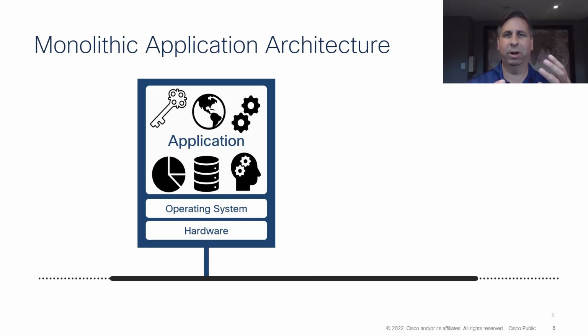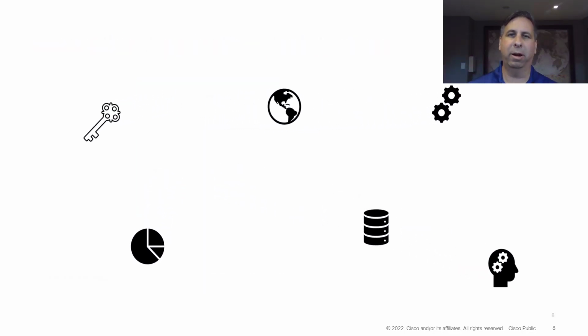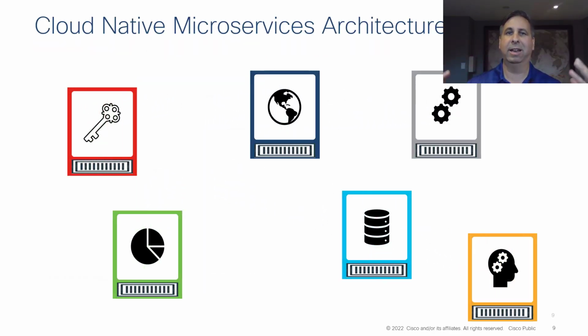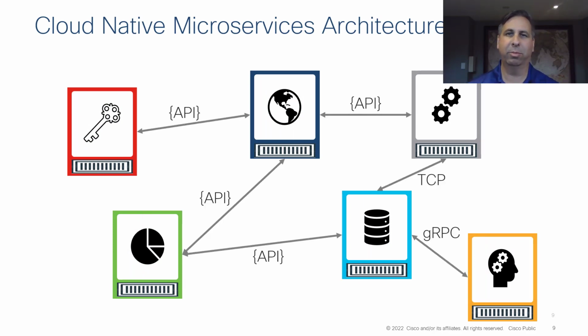For instance, instead of having what are now known as monolithic application architectures, where every component would reside within the application, you have these huge libraries and files, etc. Well, all of these could be split apart into atomic parts, self-contained and containerized individually, but then interconnected, either with application programming interfaces or direct protocol connections like TCP or gRPC or whatever the case may be, it really doesn't matter. But the point is that this way you could bring a lot of benefits.